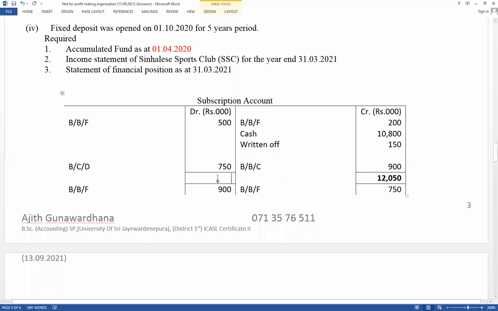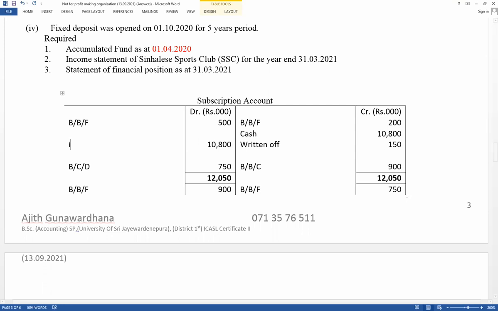Take that value to the debit side, and the difference value goes to the income statement. From that value, deduct 500 and 750. Therefore, subscription income equals 10,800.